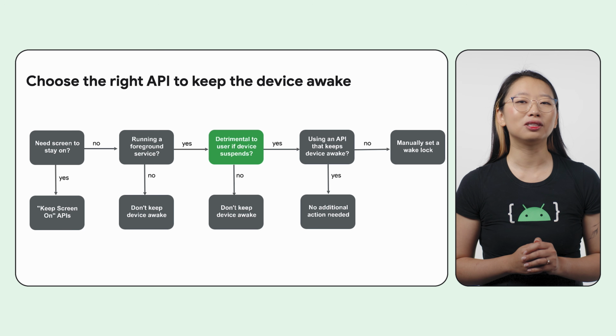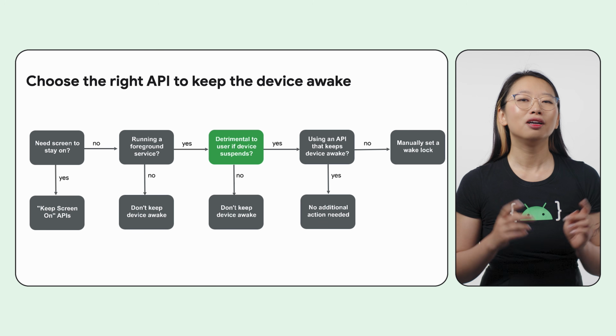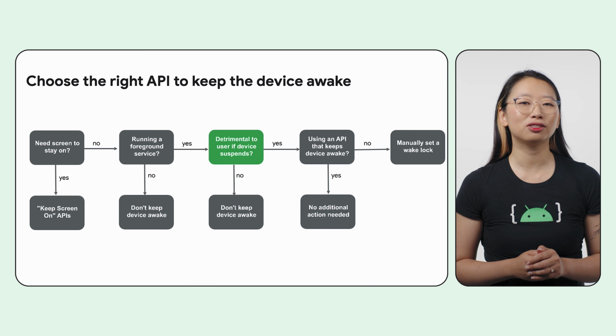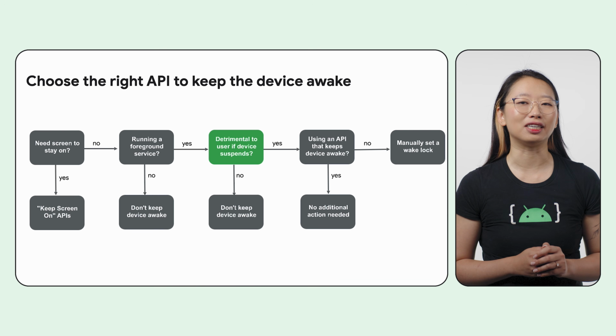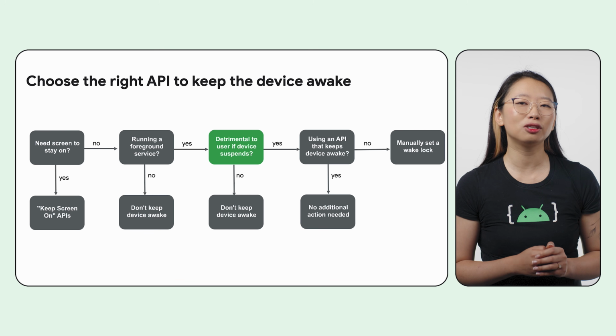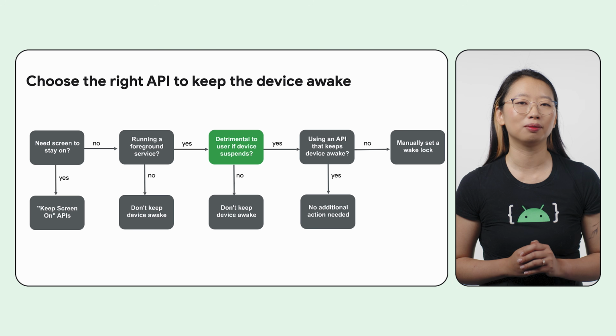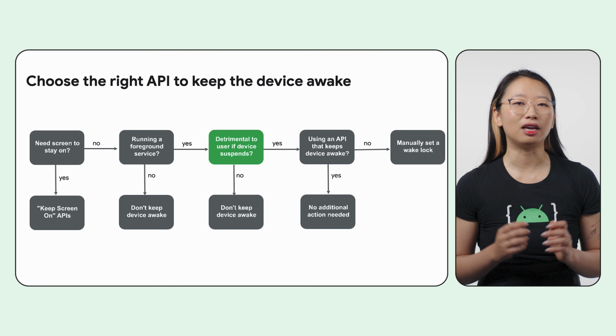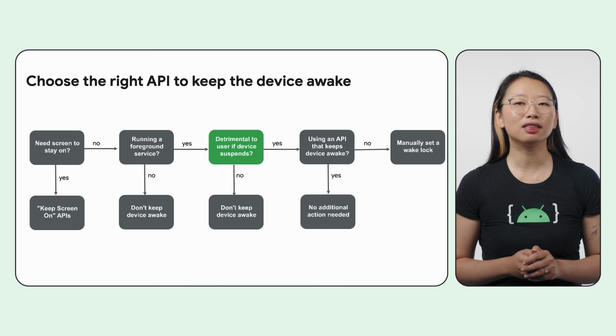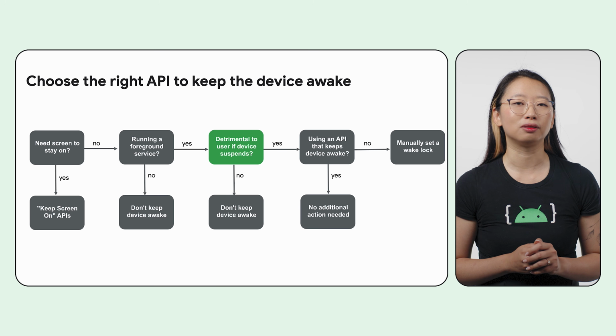Is it detrimental to the user experience if the device were to suspend during this action? For example, updating a notification once the user has woken their device is not a task that should require a partial wake lock. If it can be detrimental to the user experience, such as communication with an external device, then let's move on to our final question.